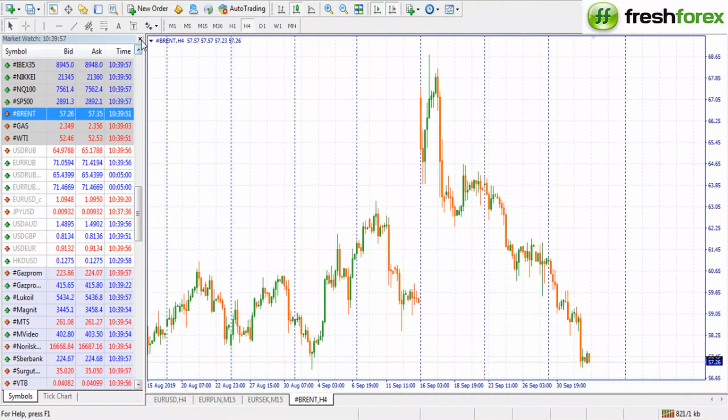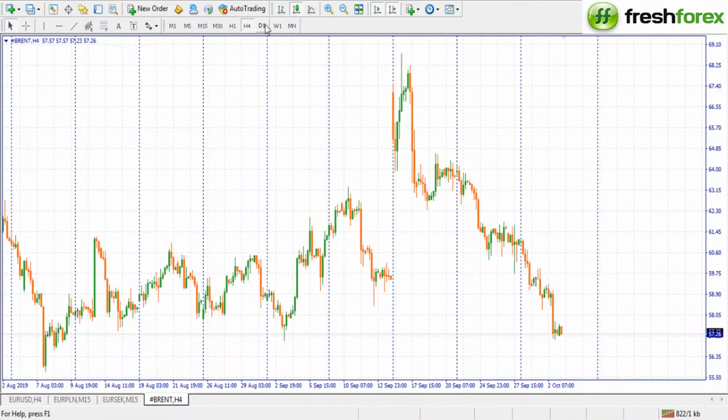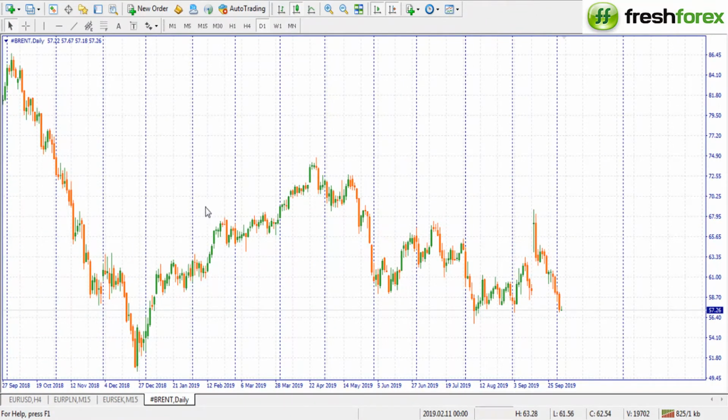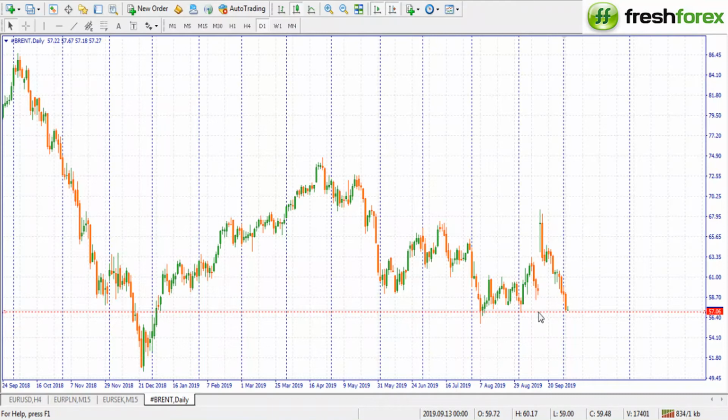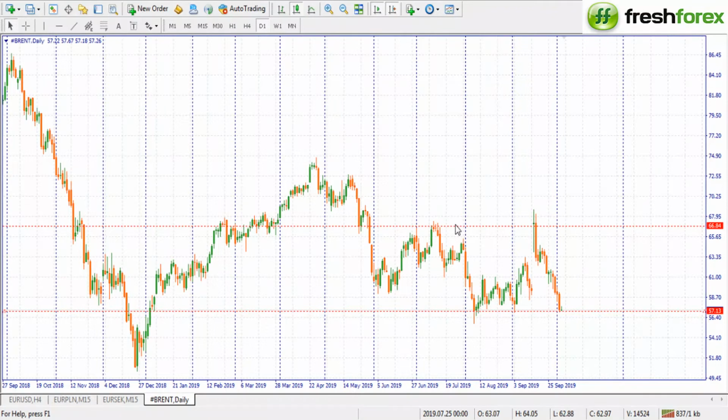So we move forward, move to Brent oil. Brent oil is still bearish. The price continues to move downwards, and where the price is now, this is actually some daily support here. This is a very good daily support. We have that, and then you also have this resistance there.